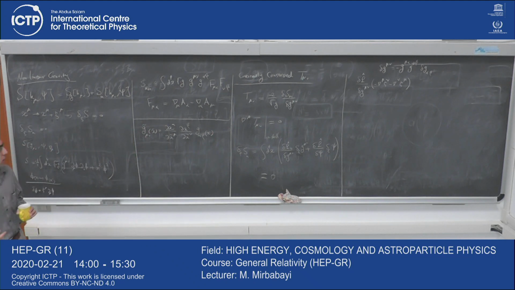Right? So if I consider an infinitesimal transformation, so call x tilde mu equals x mu plus xi mu, plug it in there and then expand to linear order in xi. Then you will get that expression.